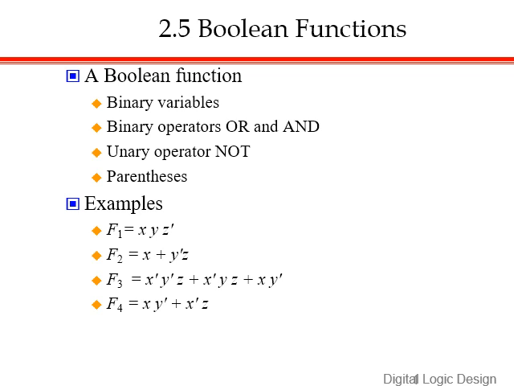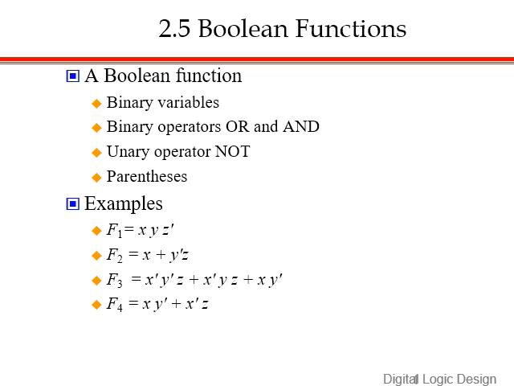So there is an AND combination of x, y, and z prime. So f1 will be 1 only if x and y both are equal to 1 and z is equal to 0. And in this case, when z is equal to 0, z prime will be equal to 1.